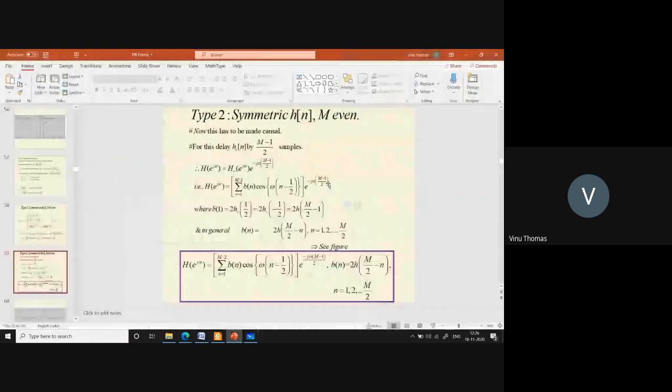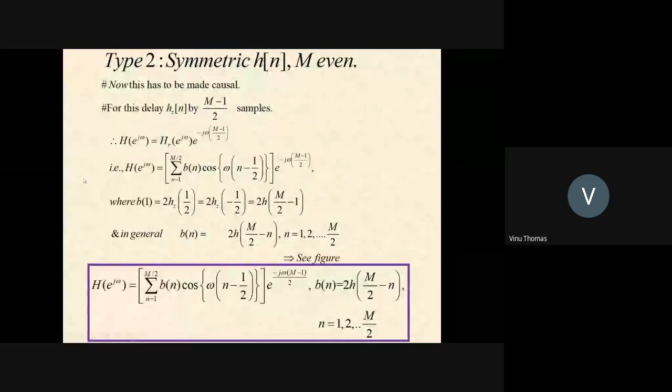When it is delayed by 3/2 samples, the entire impulse response becomes causal. So H(e^{jω}) would be H_R(e^{jω}) into e^{-jω(M-1)/2}.